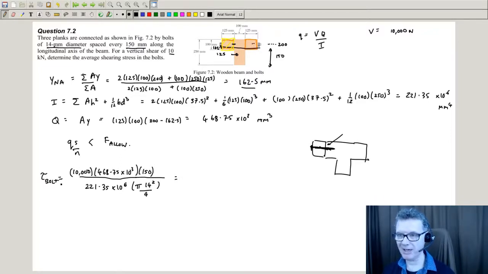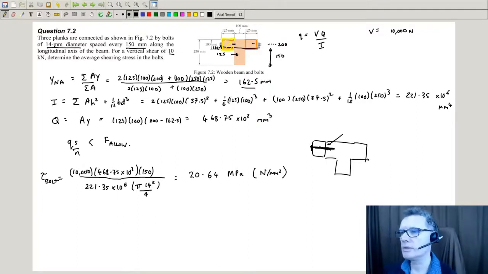I use pi d squared divided by 4 for area. And that gives me 20. Remember, we've worked in millimeters, so that's newtons per millimeter squared, which works out to be megapascals. Okay, and that's the same as Arnold. So there we go. That's 7.2 done.